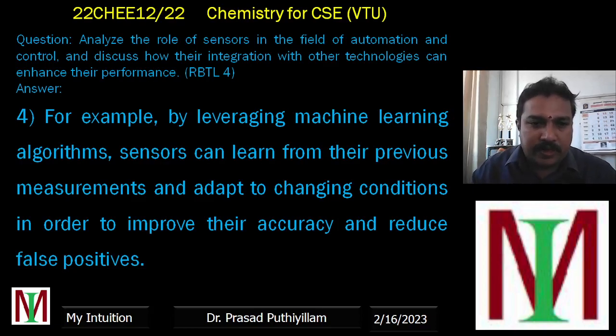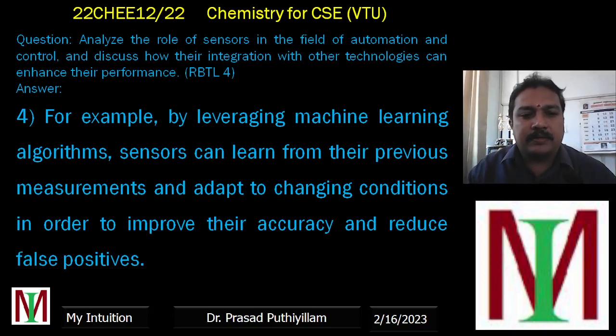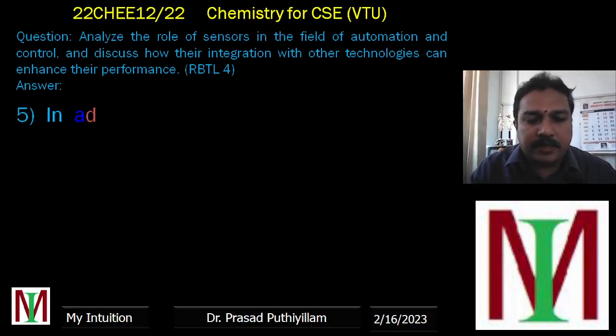So once we have the already sensed data, by using artificial intelligence, whenever a new sensing method comes, when the device has to sense something, it will connect to the algorithm which is already there, using the artificial intelligence or the machine learning algorithm. Then, based on the previous measurements, it will cross-check and give the proper result rather than giving a false positive result in the real-time measurement.